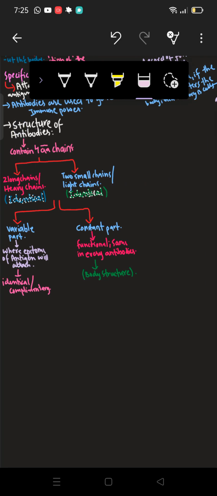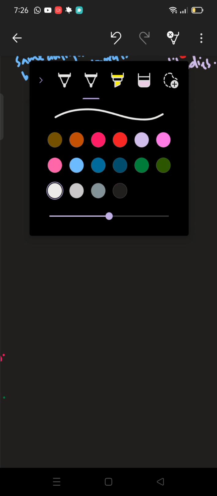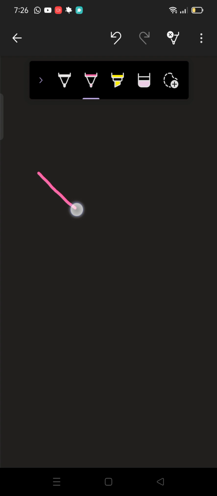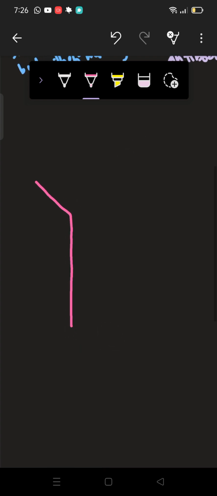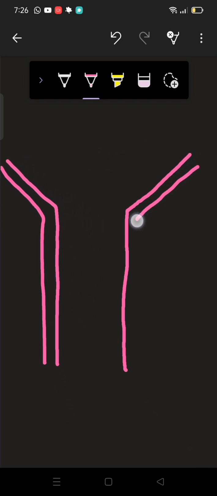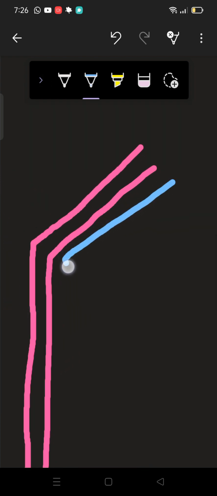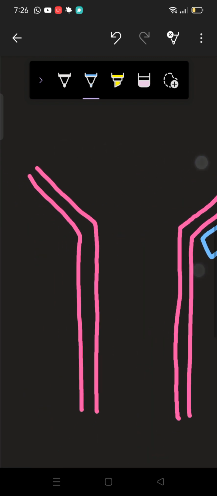So we have discussed the constant part as well as the variable part. Now I'm making the structure. Here we have the Y-shaped antibody. Here we have long chains, and I am making now small chains, also known as light chains.